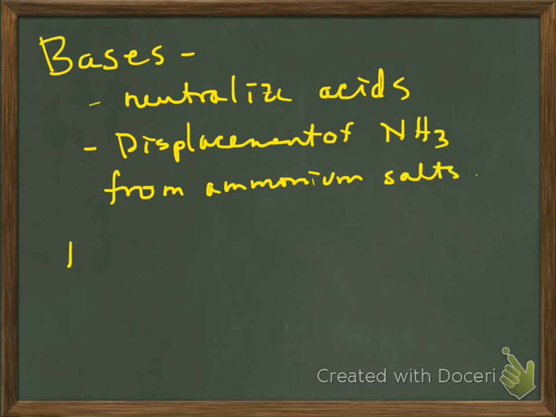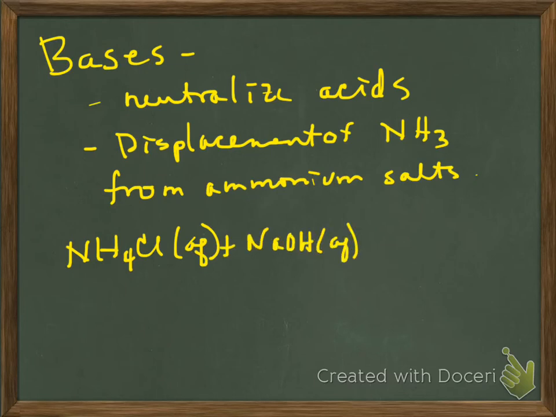What that really means is, if I have an ammonium salt, remember the polyatomic ion ammonium is the NH4 plus ion, in solution and I mix that with a basic solution, I will get a reaction that forms the salt and also forms NH4OH.